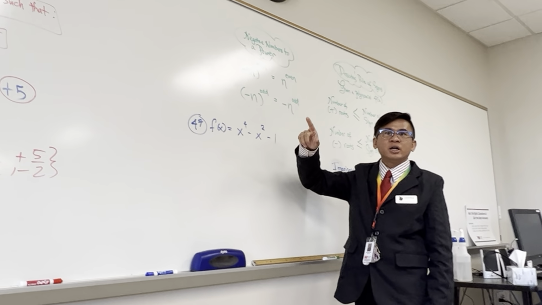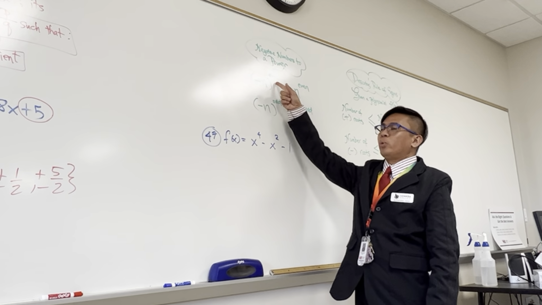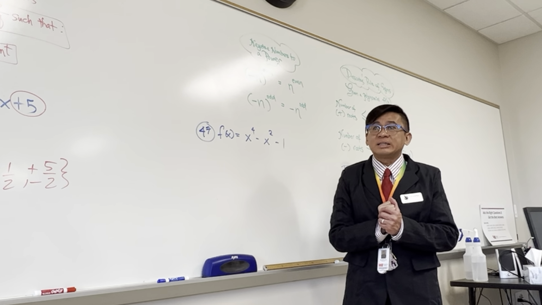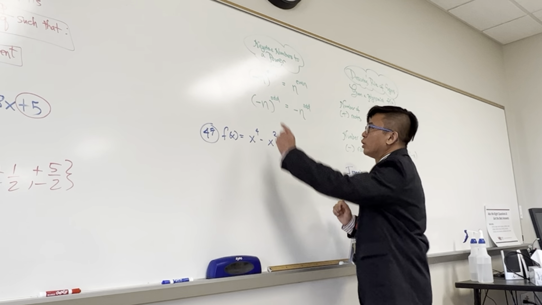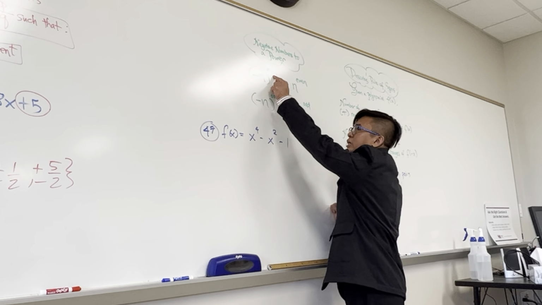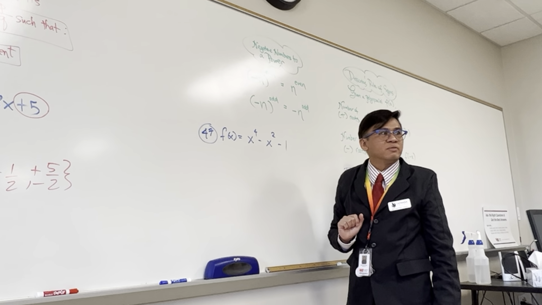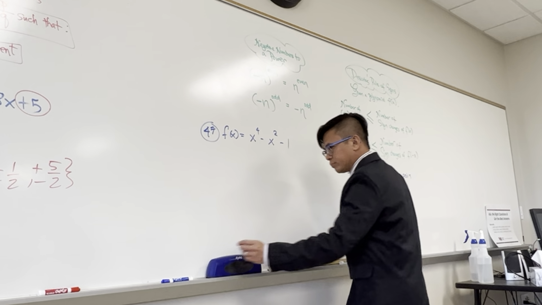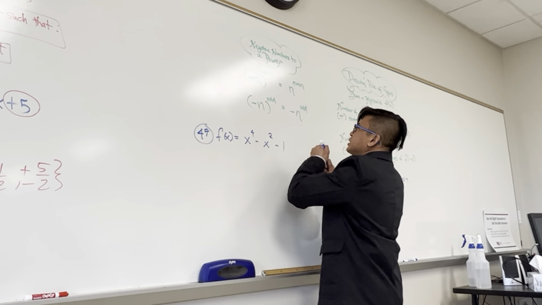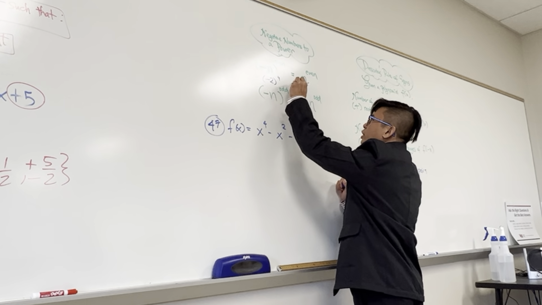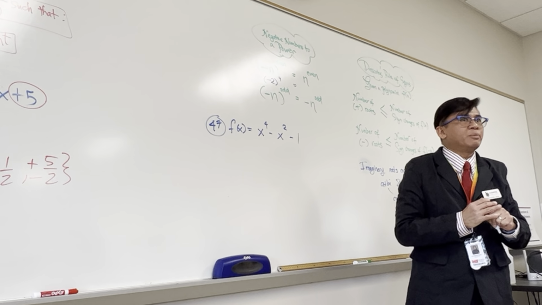It just depends on whether the power is odd or even to know the sign. For example, if you have a negative number raised to an even power, just disregard that negative sign and make it positive. For example, negative 2 to the 4th power, what's that going to be?